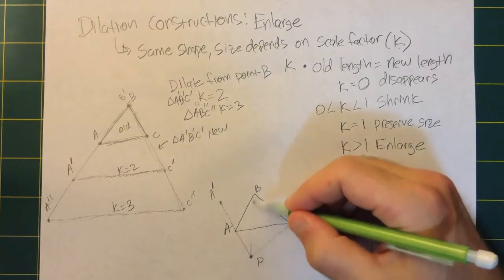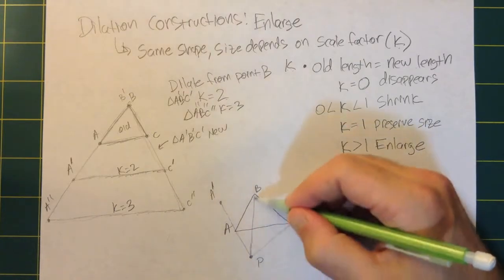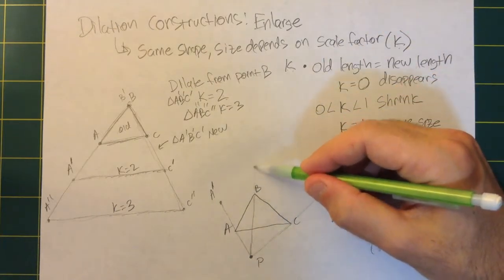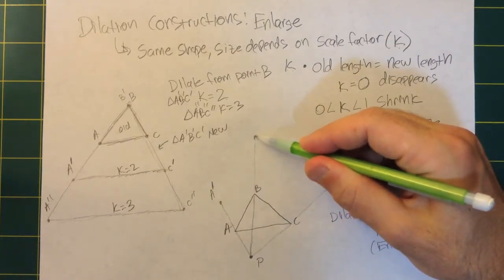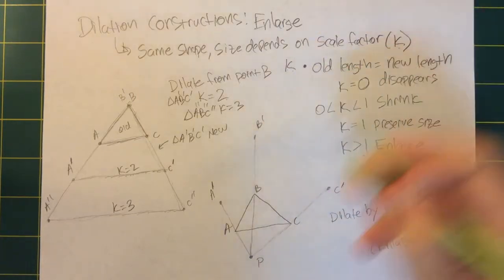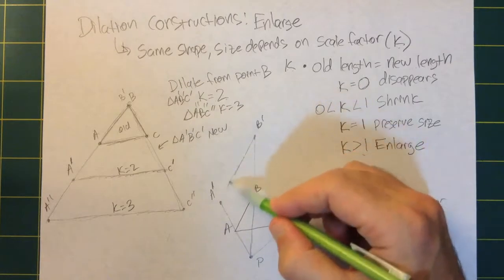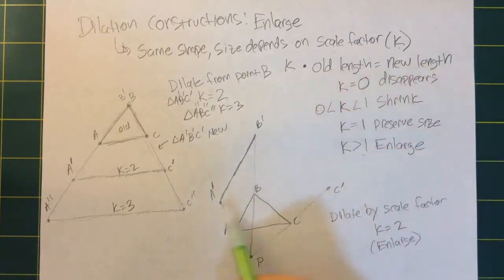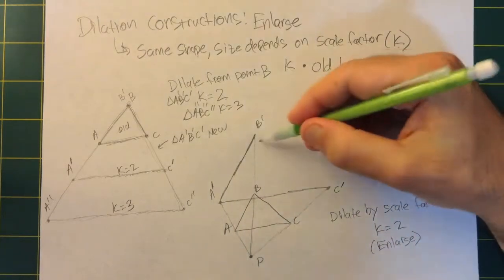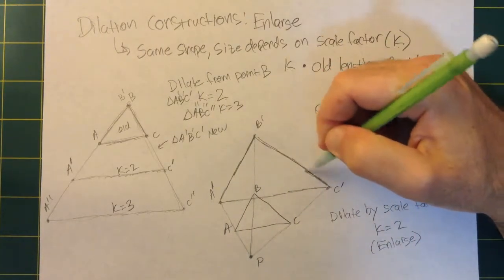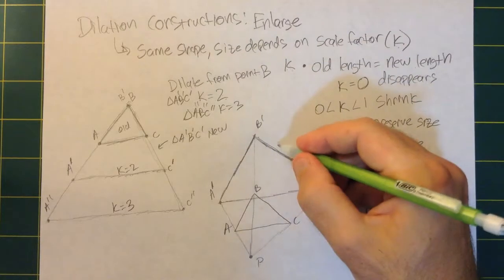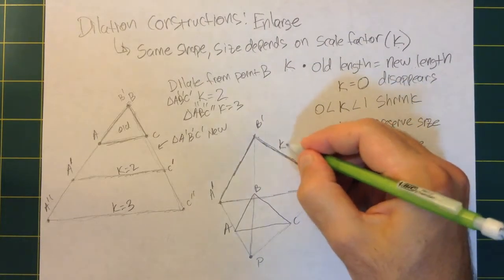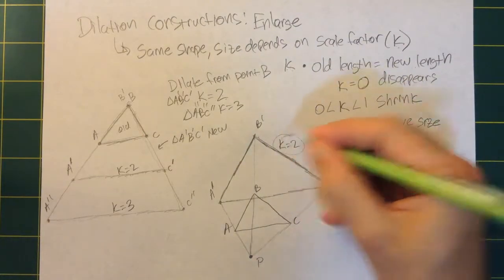To go from P to B is some distance, and when I scale it by a factor of 2, I double it, and it gets pushed out to somewhere around there. And then I can connect these to produce my dilated shape, which had a scale factor of 2.